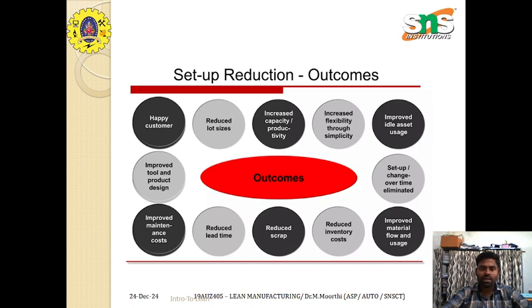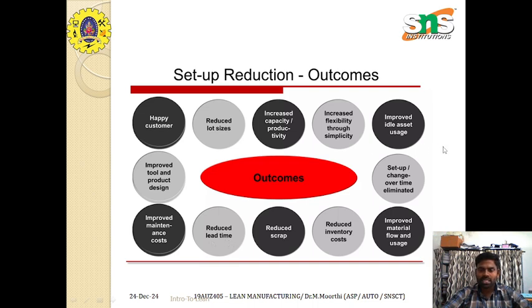We have to follow and use improved tool and product design, so that we will get the desired product outcome, and then improved maintenance cost. By following these factors, there is a reduction in waste, so that we will have improved maintenance cost, and then reduced lead time.